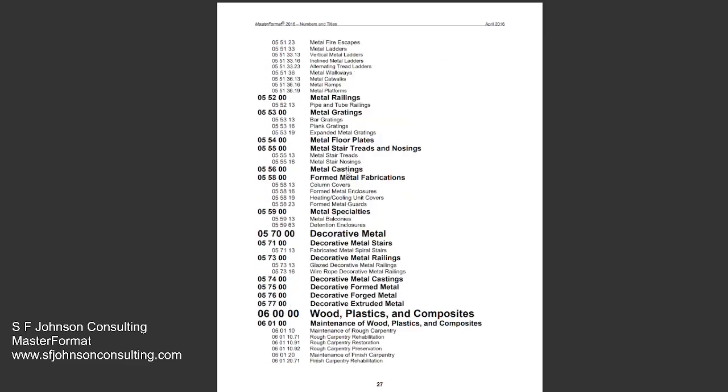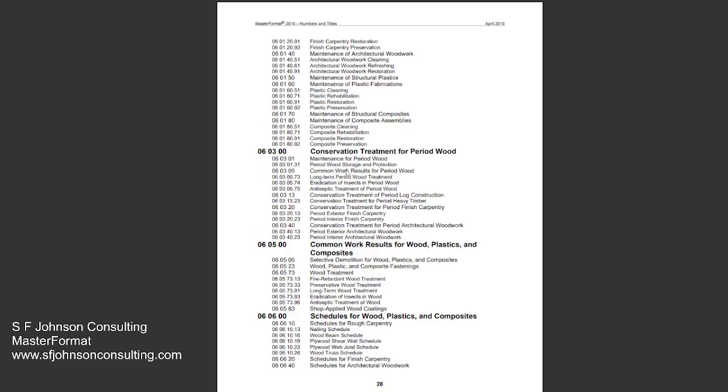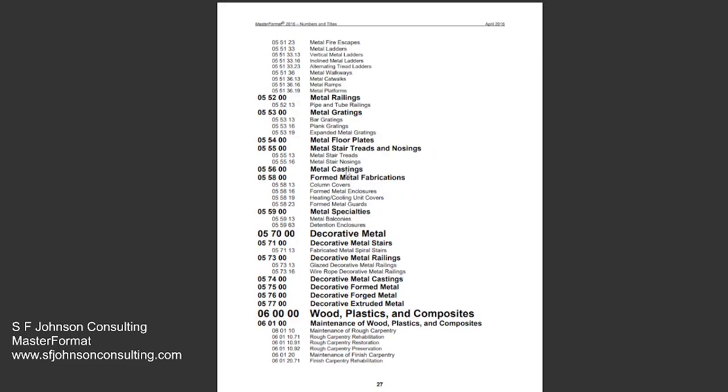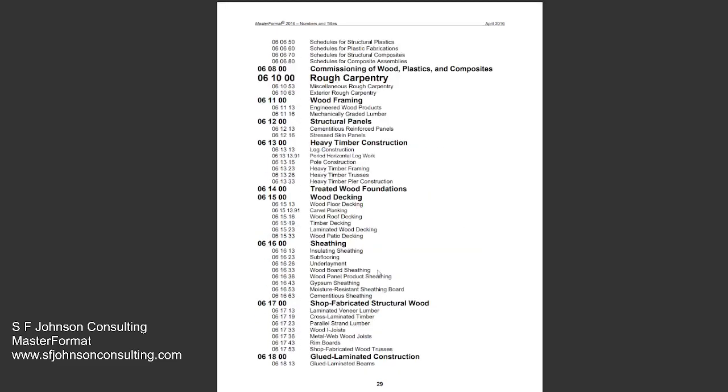And then you have to look in the wood division if you are doing wood framing. So everything, absolutely everything, 05 and 06. 05 00 00 is metal. 06 00 00 is wood, plastics, and composites. And so you go through there.